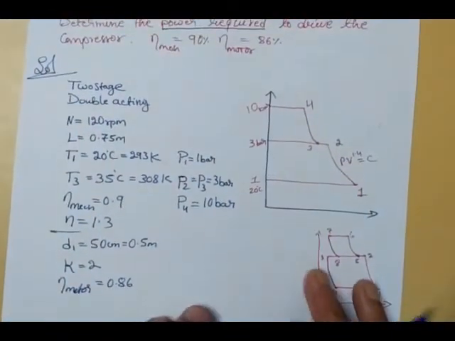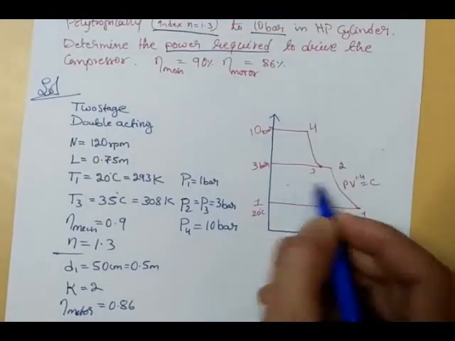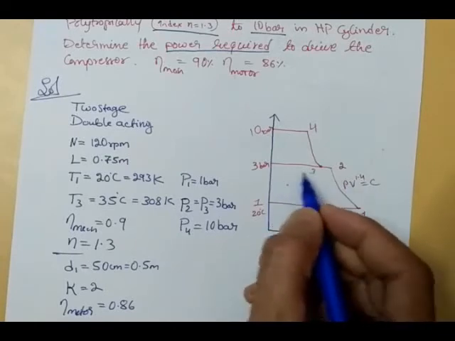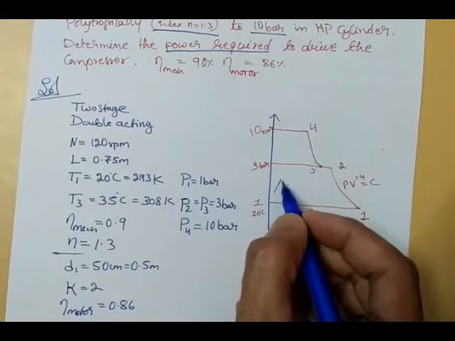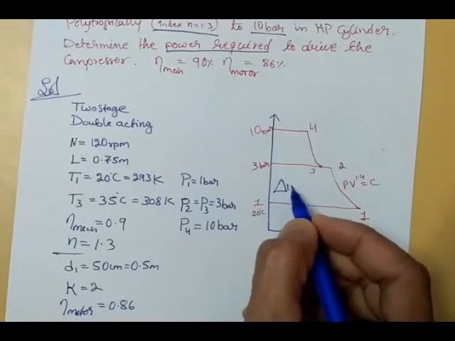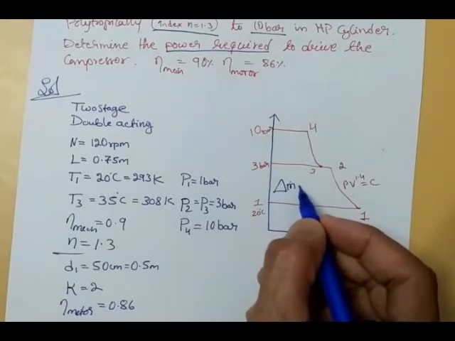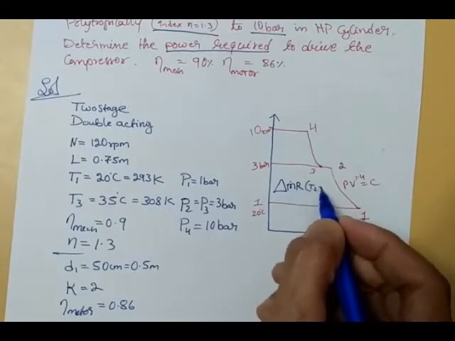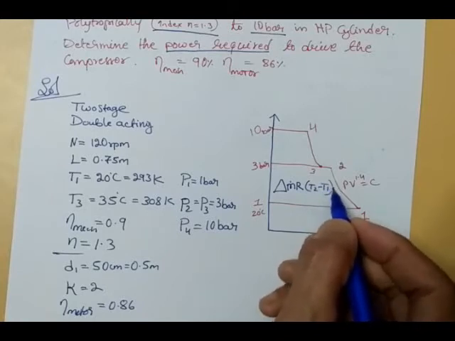So if we see the equation here, this is gamma. So equation for this stage is m dot R into T2 minus T1.